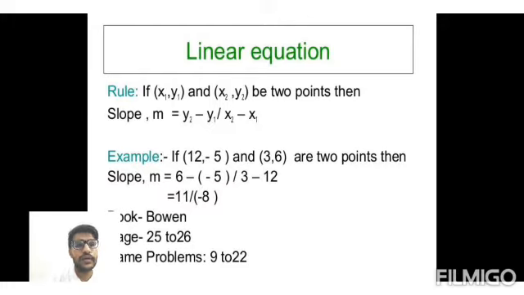For example, if (12, minus 5) and (3, 6) are 2 points, then slope m is equal to (6 minus (minus 5)) upon (3 minus 12), which is minus 11 upon 8.